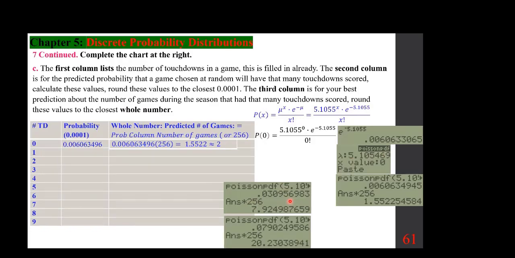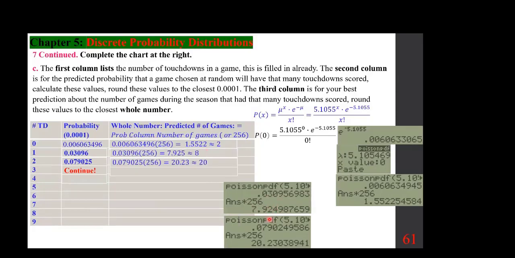And the next one plugged into a calculator. So take a look. This number, 0.3096, you're going to multiply this by 256, you get 7.924. So we're going to round it to 8. Notice it's rounded to 8.